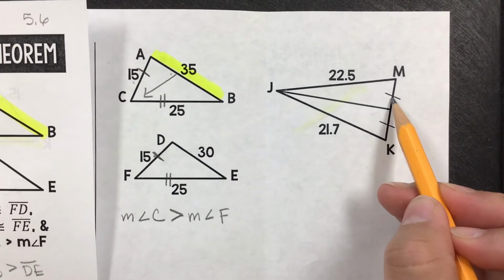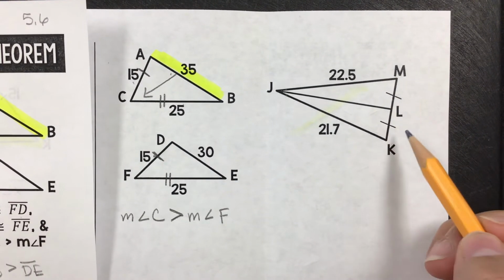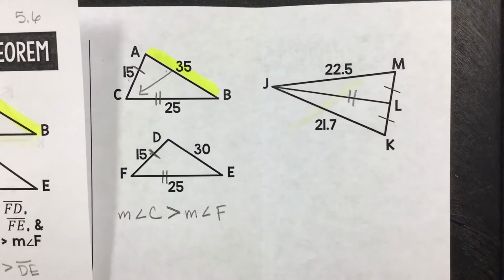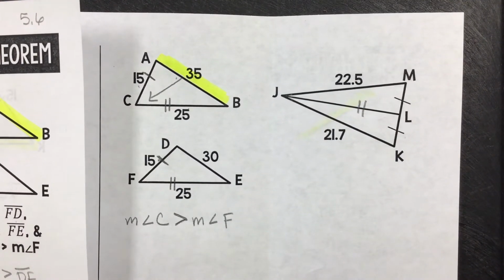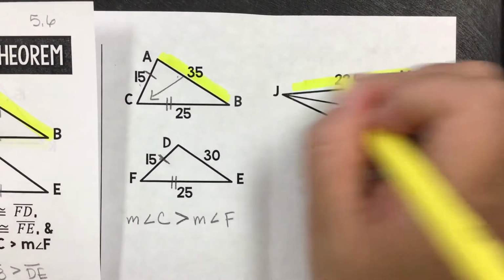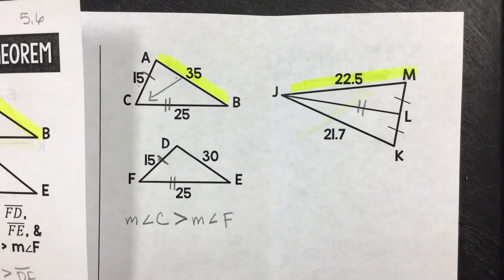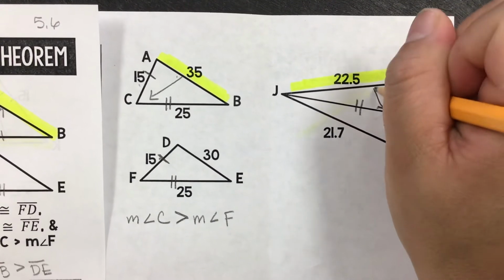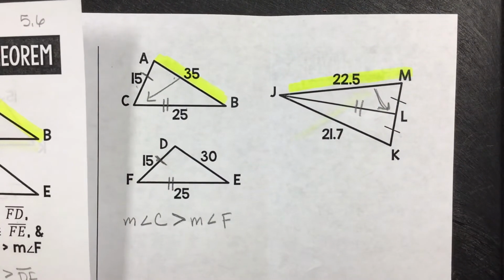They already give us this marking of ML is congruent to LK. We know that these are equal to each other by the reflexive property. We can also see that this side is bigger than 21.7. That means that this angle right here is the angle that's greater.